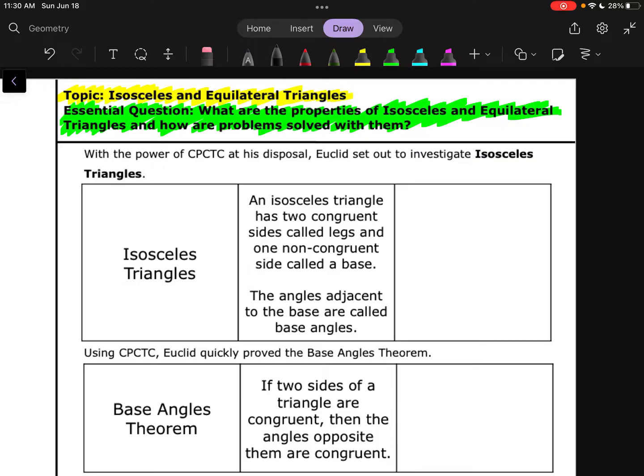And just as a little recap with a little additional vocabulary: an isosceles triangle has two congruent sides called legs and one non-congruent side called a base. So this is just some extra vocabulary here. If we have our isosceles triangle, the two congruent sides are called legs. So these would be the legs.